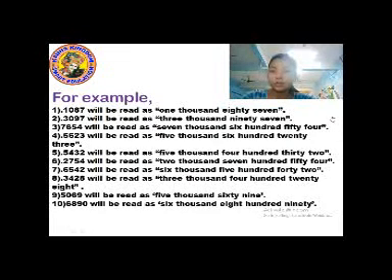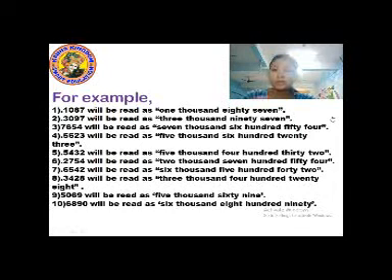The eighth example is the number 3428. The number 3428 will be read as 3428. And the ninth example is 5069.